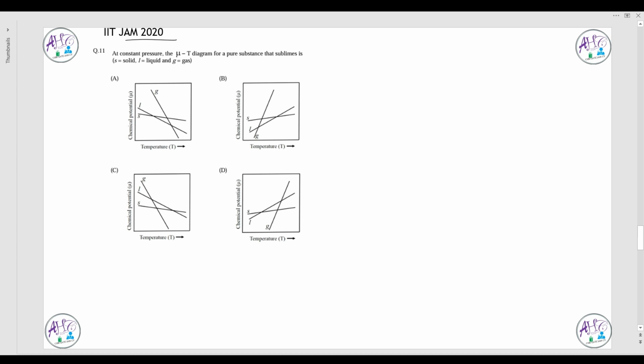So we know the formula. First, we have two different systems.